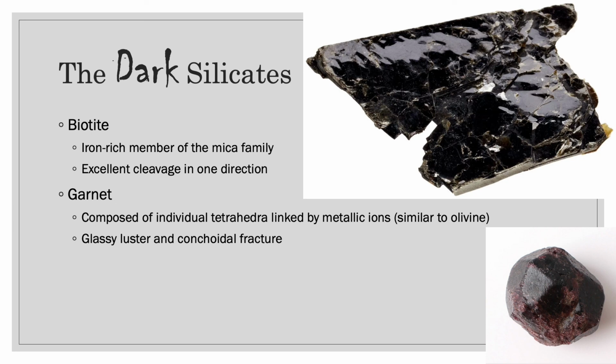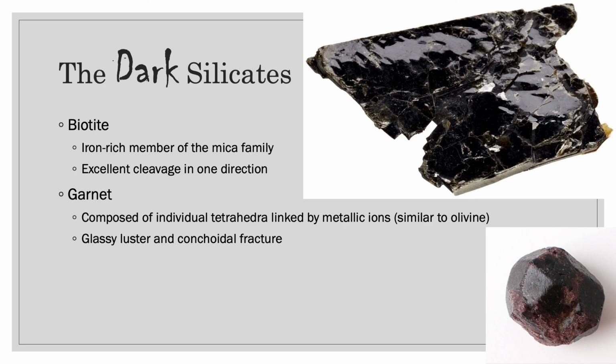A couple more of the dark silicates are biotite, which is an iron-rich member of the mica family. So if you recall, muscovite was a light silicate that is in the mica family. And this one, like muscovite, has one directional cleavage, so it sort of breaks off in sheets, kind of like muscovite as well.